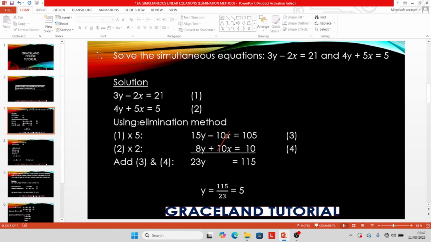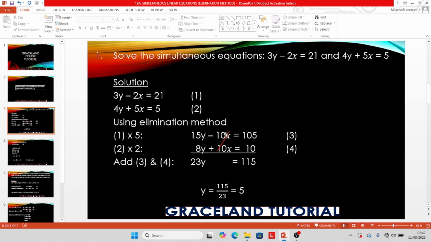Now for equation 2, multiply by 2 all the terms: 4y times 2 is 8y, plus 5x times 2 is plus 10x, equal to 5 times 2, which is 10. That gives us equation 4.